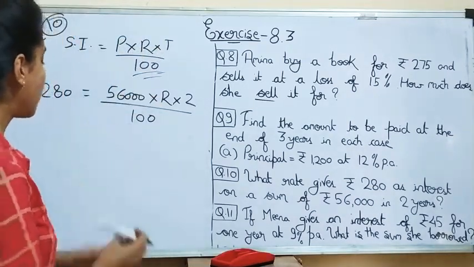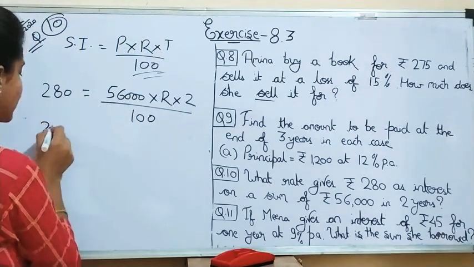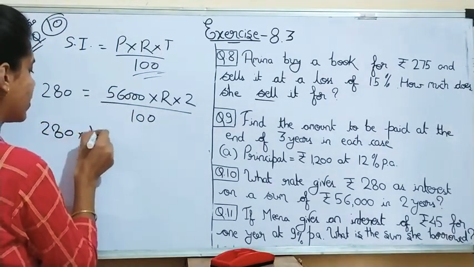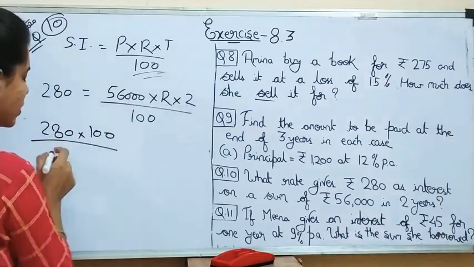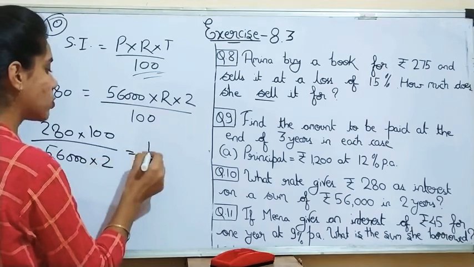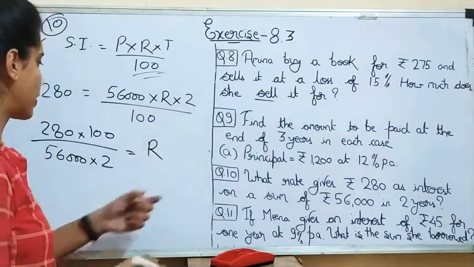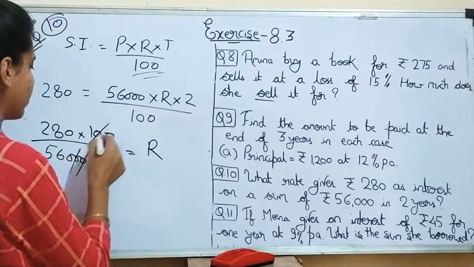Now after putting all the values, you can cross multiply. 280 into 100, upon the numerator terms, which will come in the denominator, equals the rate, because we need to find the rate. That's why we put it in this manner.